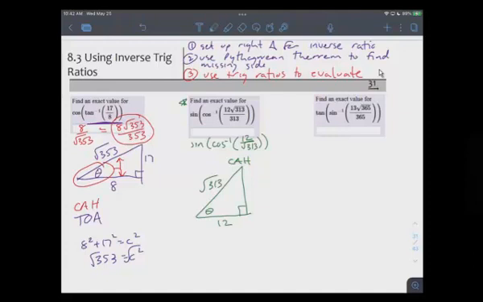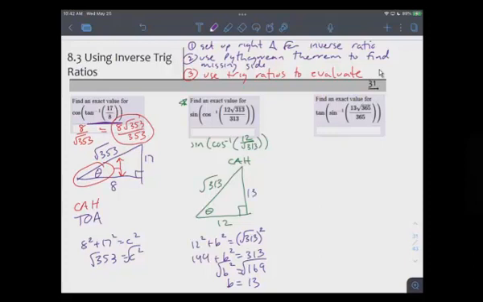I can then use the Pythagorean Theorem. So I get 12 squared plus b squared equals root 313 squared. 144 plus b squared equals 313. The root and the power cancel. If I subtract 144 from both sides, I get 169. Extract the root, and b is equal to 13.